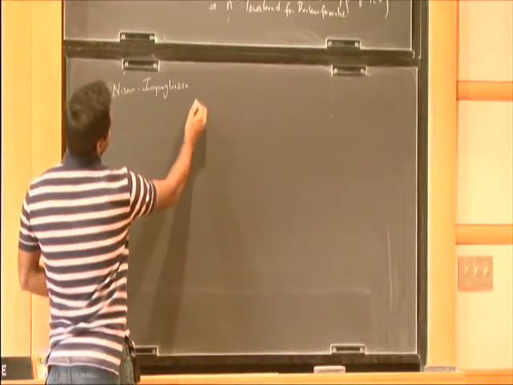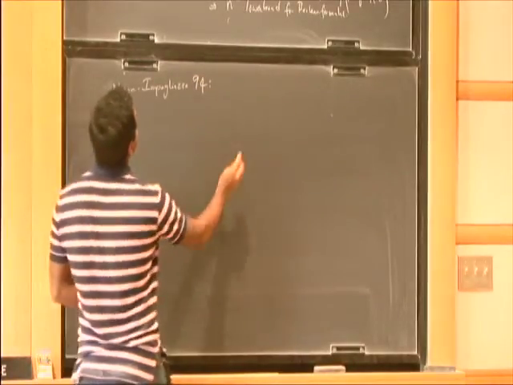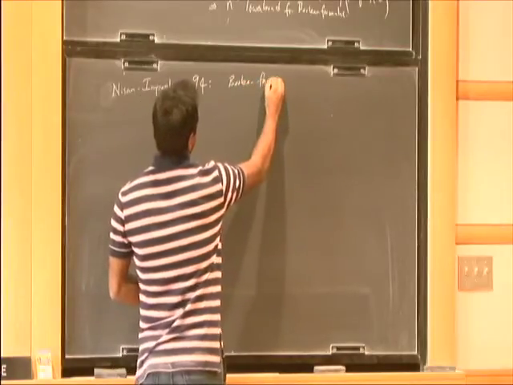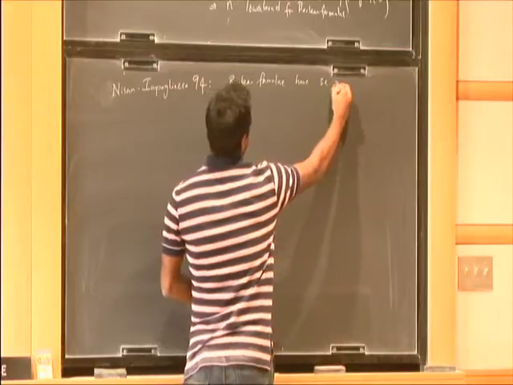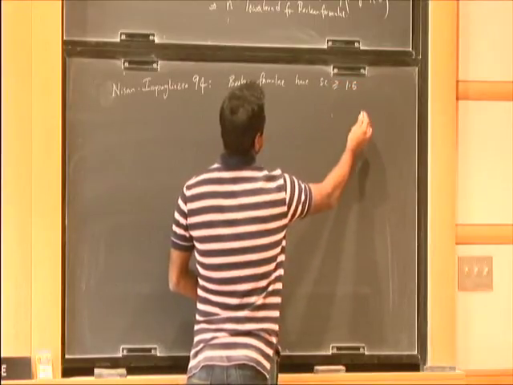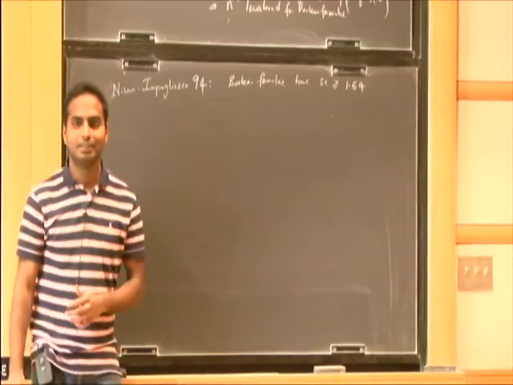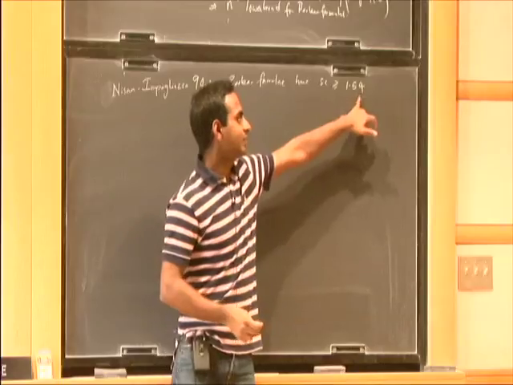this is '94. Boolean formulae have shrinkage exponent greater than or equal to 1.5. I think it's 4 here. I might be getting this wrong, but it's something strictly greater than 1.5.